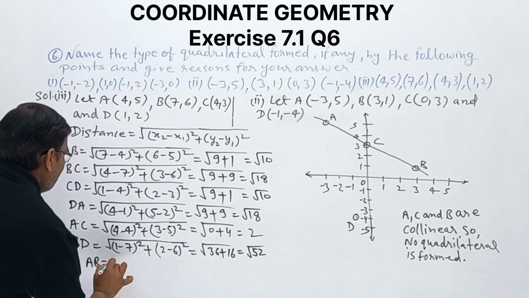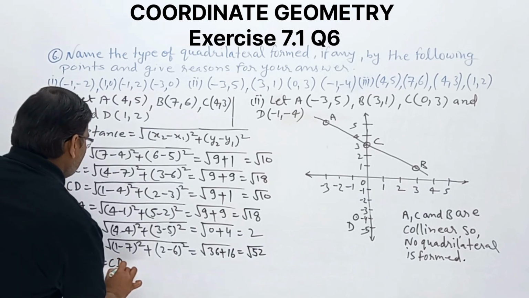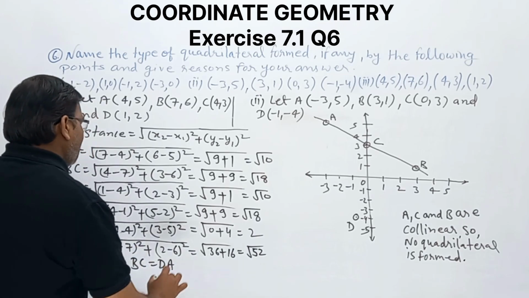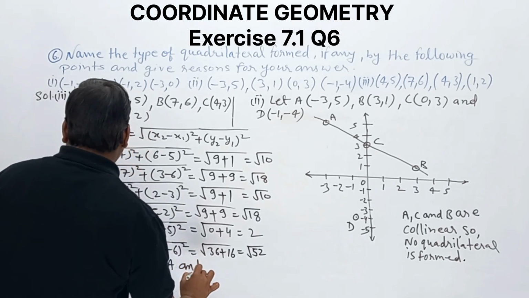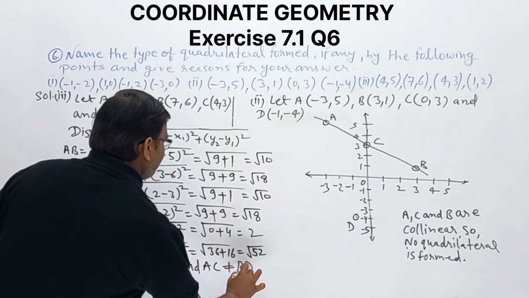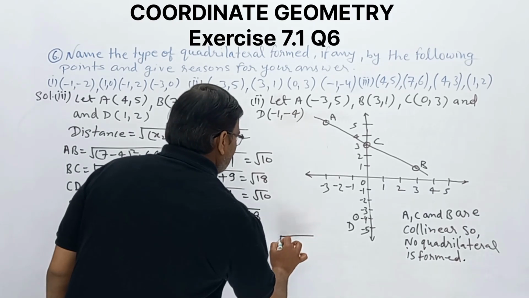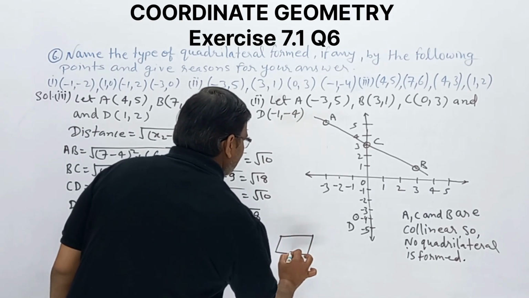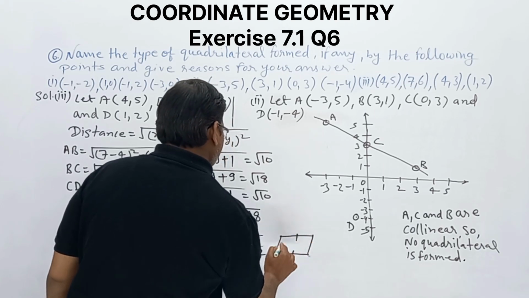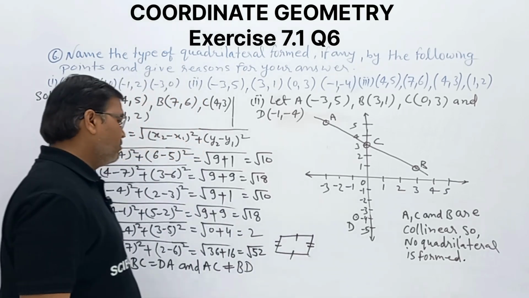So what are we getting? AB is equal to CD, BC is equal to DA, and AC is not equal to BD. So what can we say? In a parallelogram, opposite sides are equal, this side equal to this one and this one equal to this one, and diagonals are not equal.